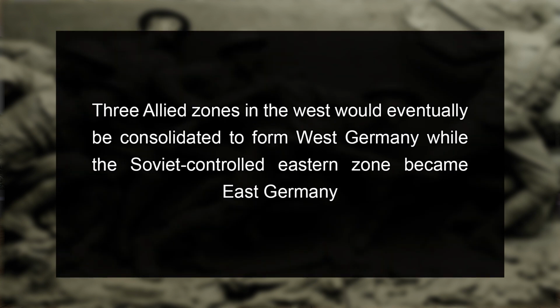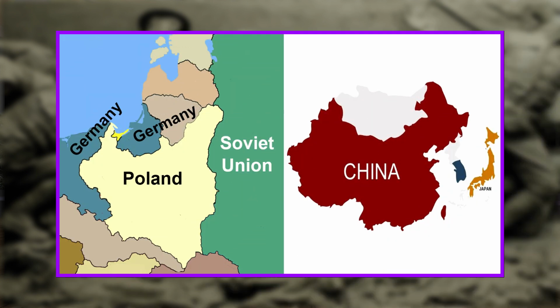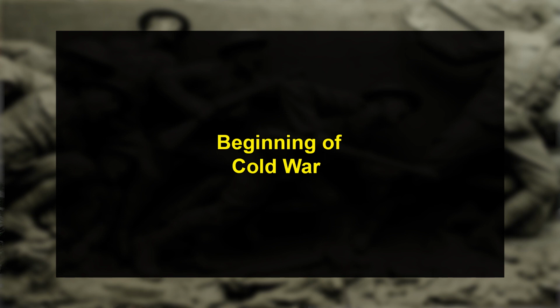The three Allied zones in the West would eventually be consolidated to form West Germany, while the Soviet-controlled East Zone became East Germany. They would remain two separate countries until 1990. Another important consequence of the Second World War was the beginning of the Cold War.